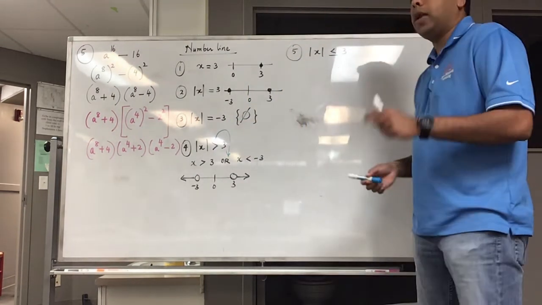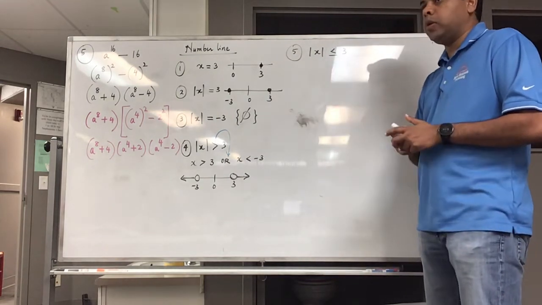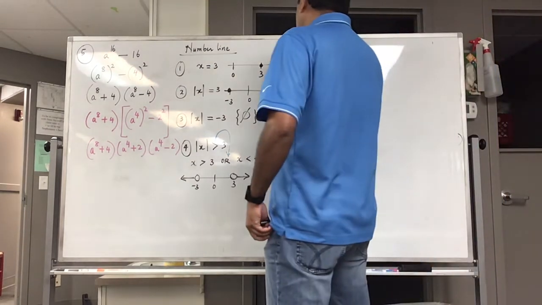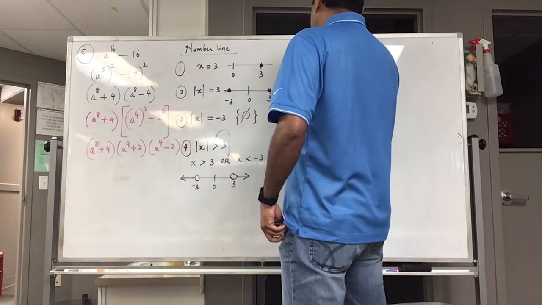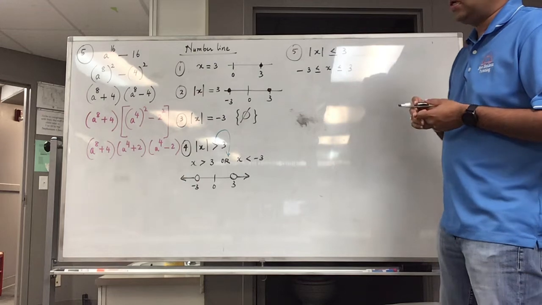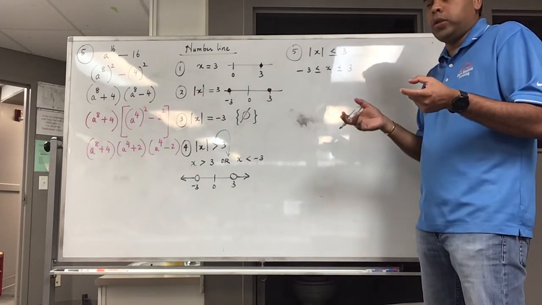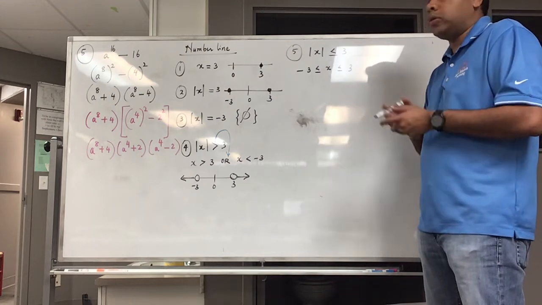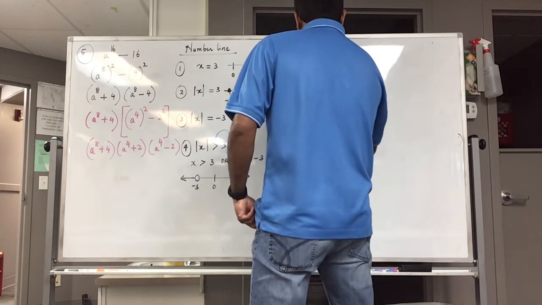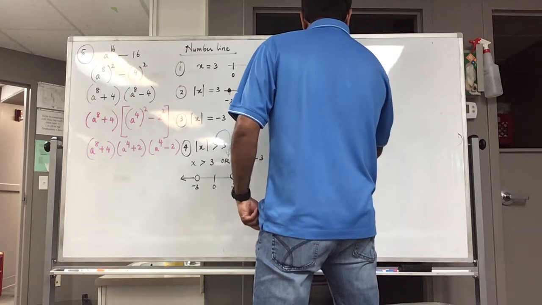A less than is called an AND function. When you have less than or equal to, it is bound by 2 points. Negative 3 less than or equal to x less than or equal to 3. That means the value of x that satisfies the equation is bound by those two extreme points. So your number line looks like this: 0, negative 3, positive 3.